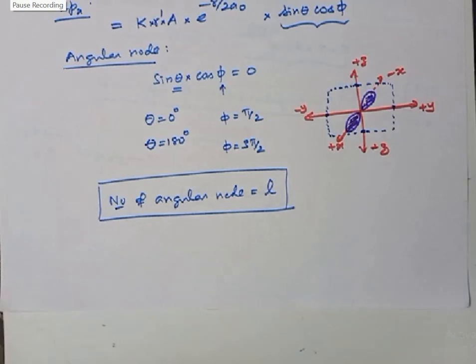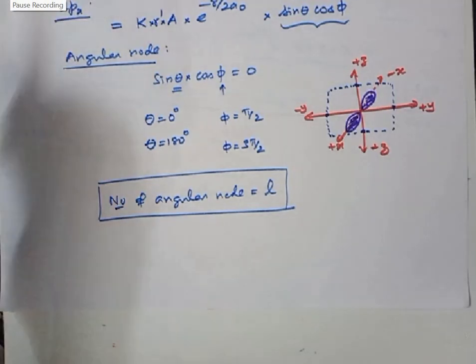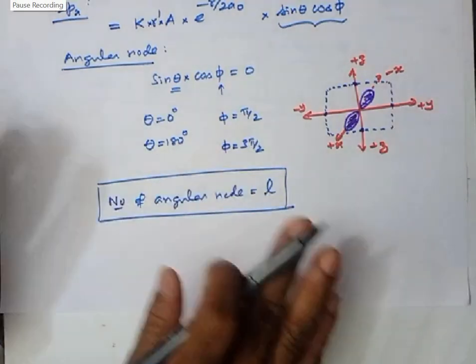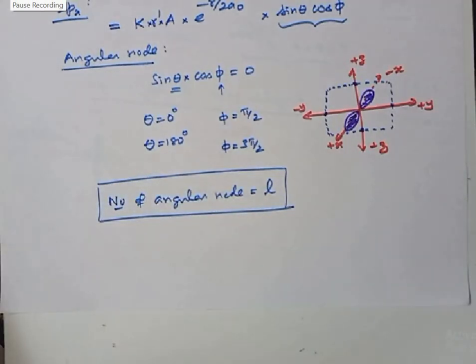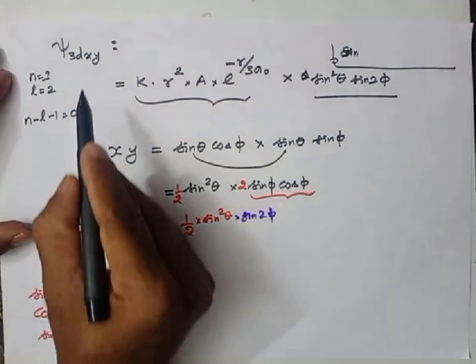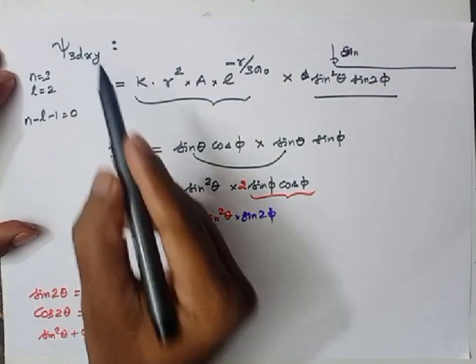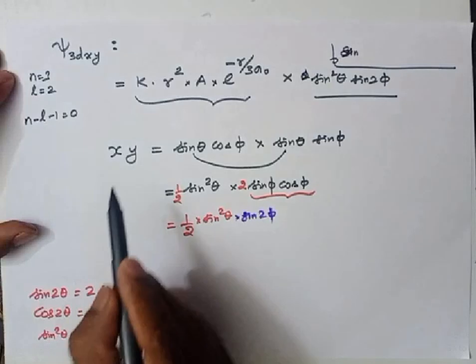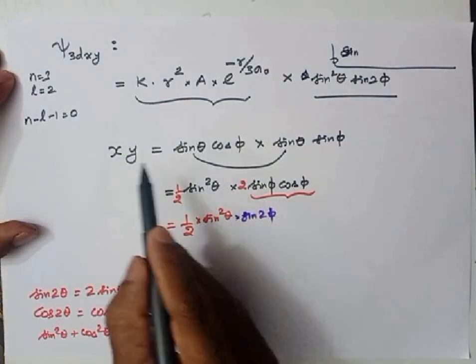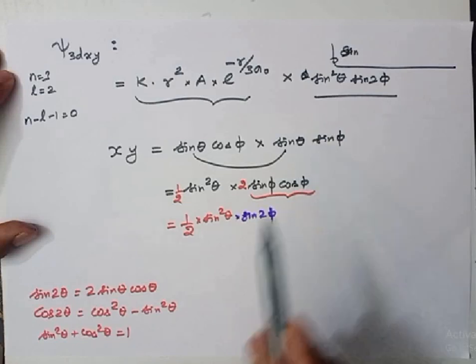Now let me go to another orbital. Are you comfortable in this? We need to find the value of x into y, for dxy. X is sin theta cos phi, y is sin theta sin phi.